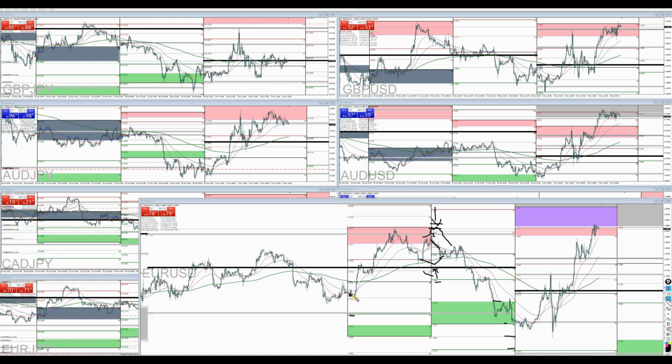For example, right here, I would have entered right here. My stop would have been here. Once I made it go for central pivot, I removed risk, and let's say my take profit was up here, just below the R2 level. Once I enter into the red zone, if my take profit was up here, I'm going to move my stop to the break even point right here.